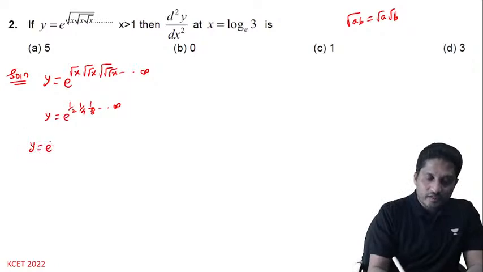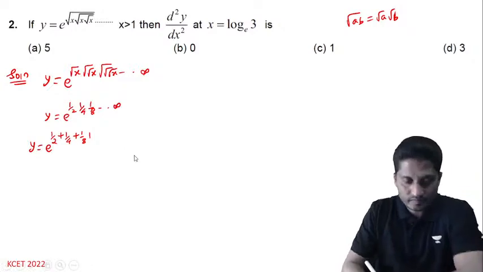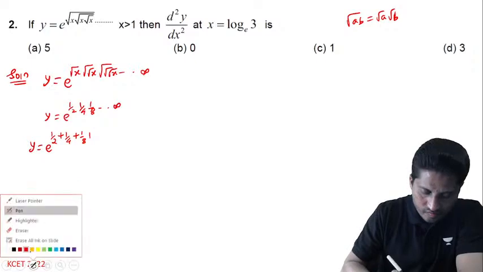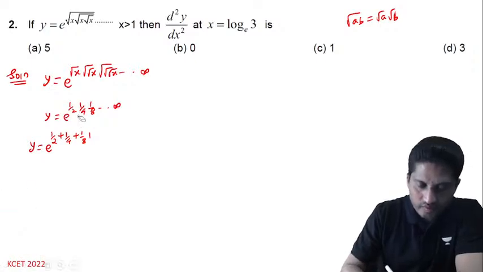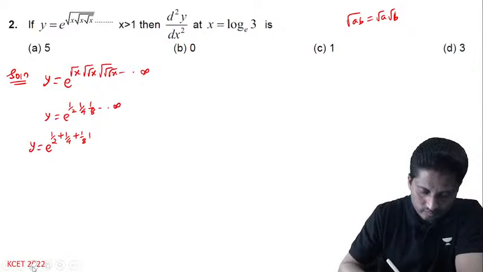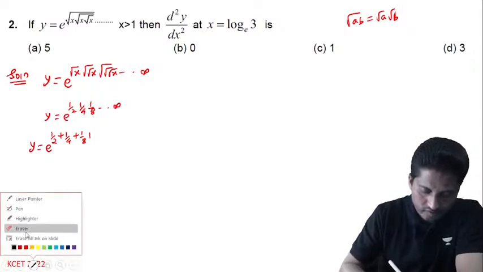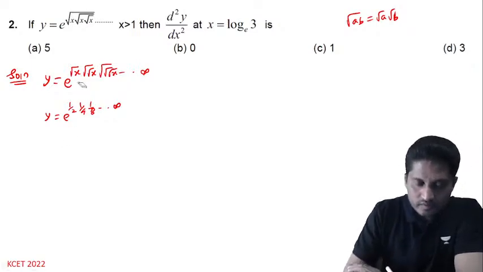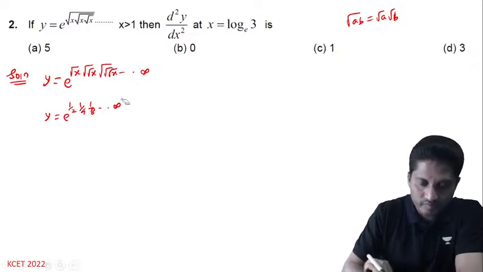Now powers are added, e to the power of 1 upon 2, 1 by 4 plus 1 by 8, and so on up to infinity. Now this is equal to e power root x into e power root x. So root is e power half, and then 1 by 4, 1 by 8, and so on up to infinity.